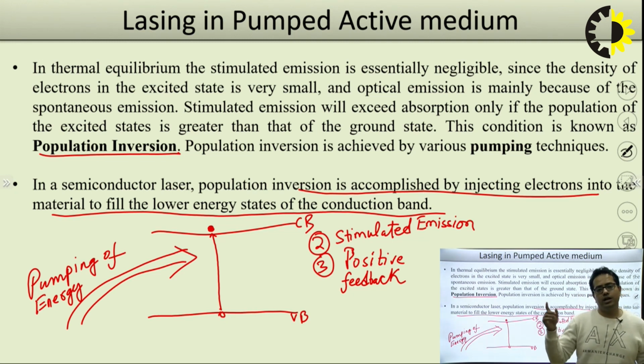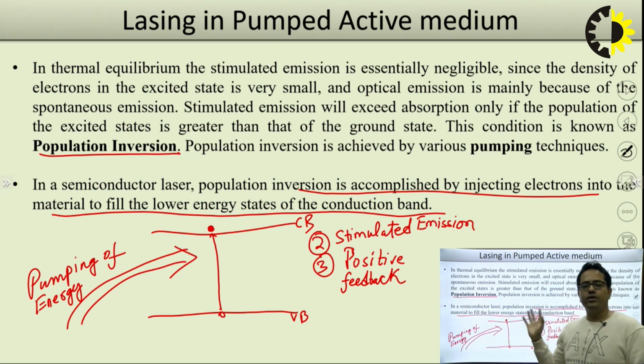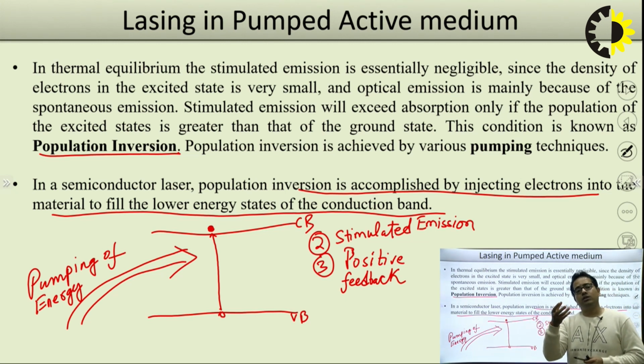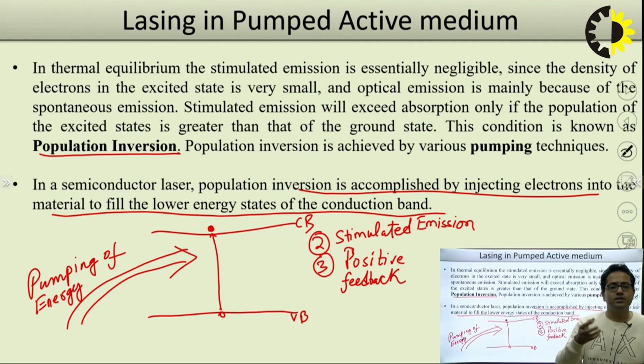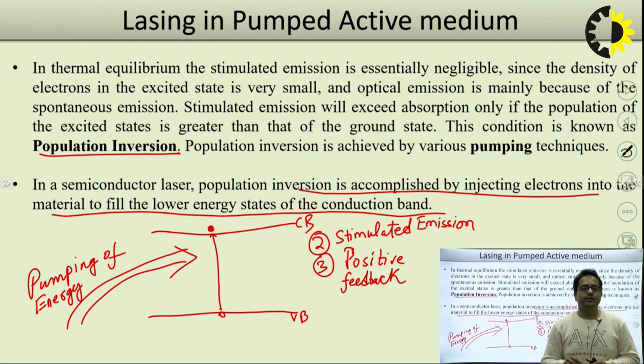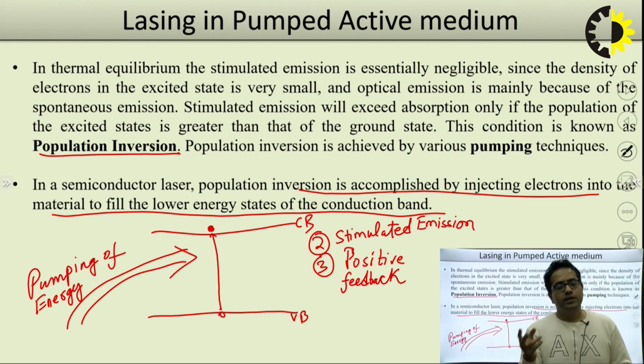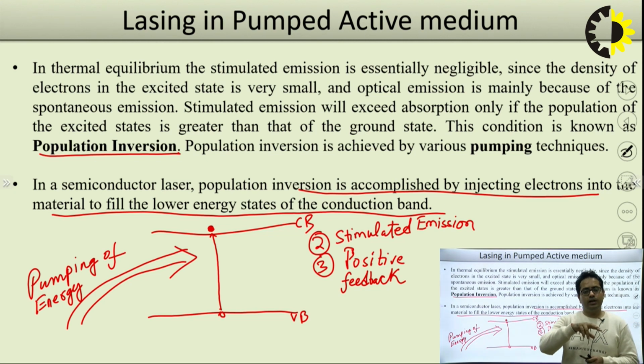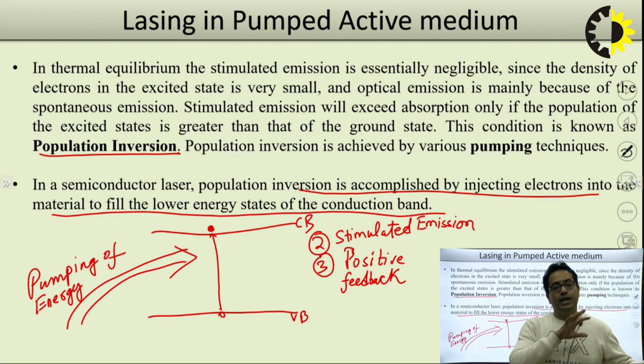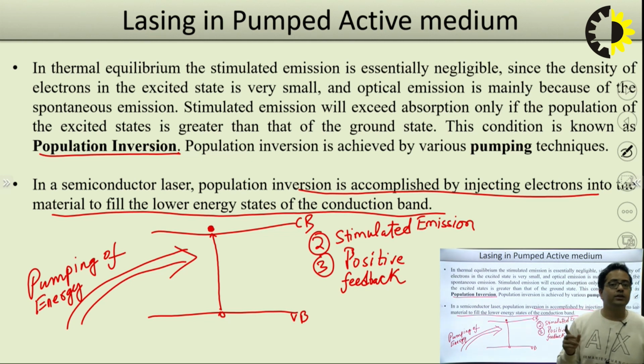Whenever a photon is emitted with the help of stimulated emission, suppose we get two photons from that material. When these photons strike one mirror face, they are reflected back, and when they travel back through the material, they strike the electrons. Suppose these two photons strike two electrons, these two electrons will again generate four photons. Then these four photons reflect back from the second end and add up to the generation of 8 photons.